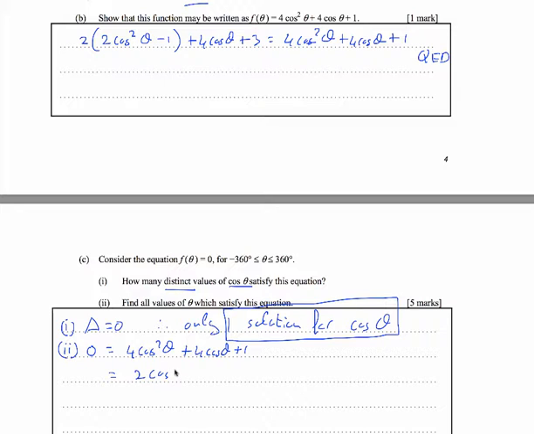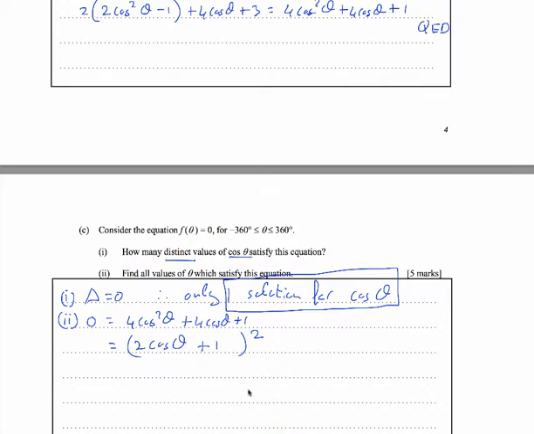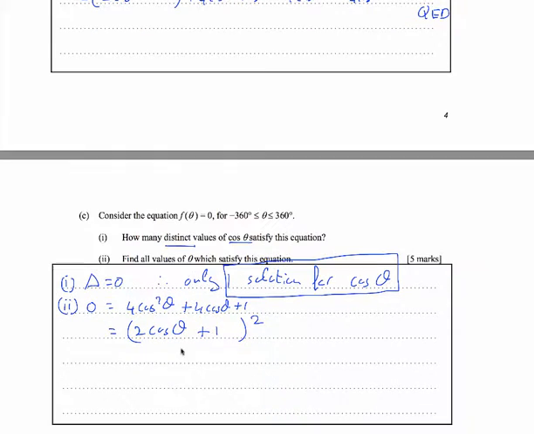It's 2 cosine theta plus 1 squared. Yes, because there is only one solution for cosine theta, which is minus a half. Right, so I have cosine of theta is minus a half, and I've got a huge domain.